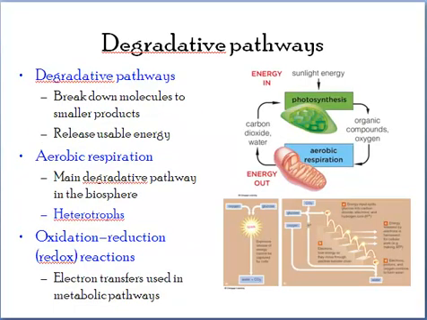Here's an example of a degradative pathway, which means it's a breakdown pathway. It's a pathway in which a larger molecule is broken down into smaller products. In this particular example, glucose is the molecule, and we have the product at the very end.